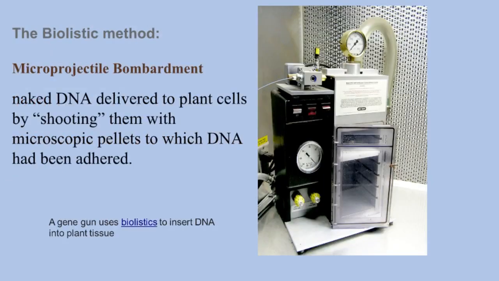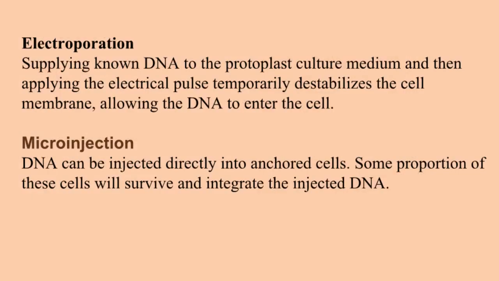The biolistic method, microprojectile bombardment: naked DNA is delivered to plant cells by shooting them with microscopic pellets to which DNA had been adhered. Electroporation: supplying known DNA to the protoplast culture medium and then applying an electrical pulse temporarily destabilizes the cell membrane, allowing the DNA to enter the cell.